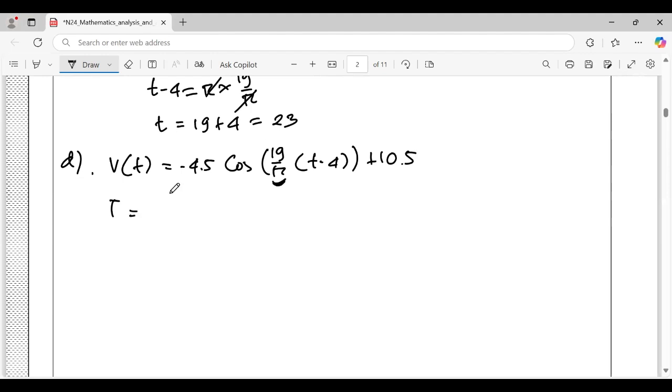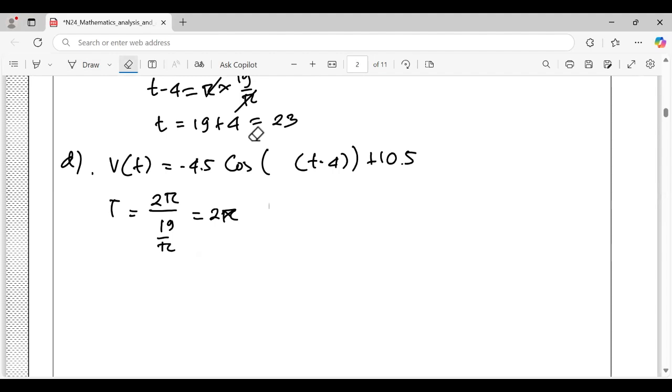So one period is 2 pi divided by pi over 19.